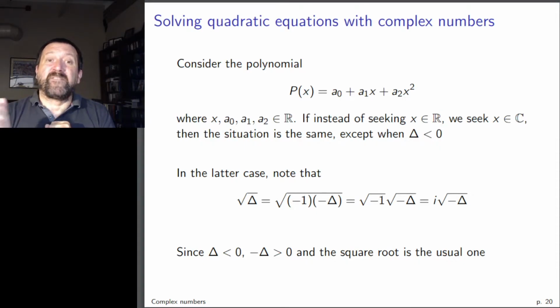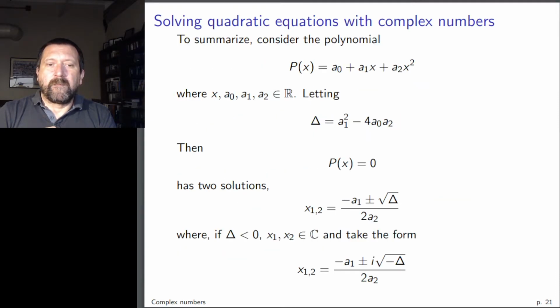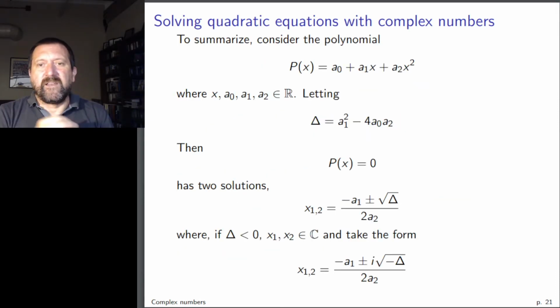Minus delta is positive, so that square root is well defined, and the square root of minus 1, as we've seen before, is i. So in the case where delta is negative, minus delta is positive, the square root is usual, and we can proceed as normal.